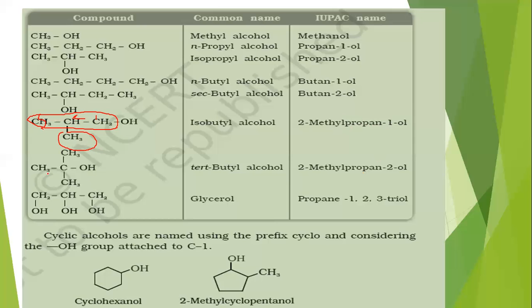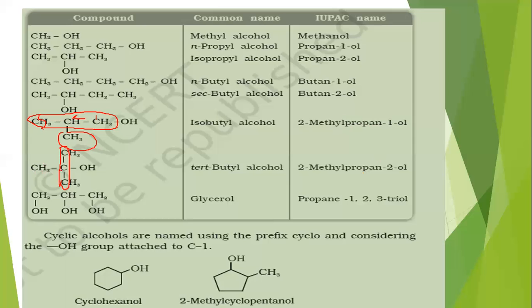In this example, I am selecting this chain as the longest continuous carbon chain, containing 3 carbons: 1, 2, and 3.